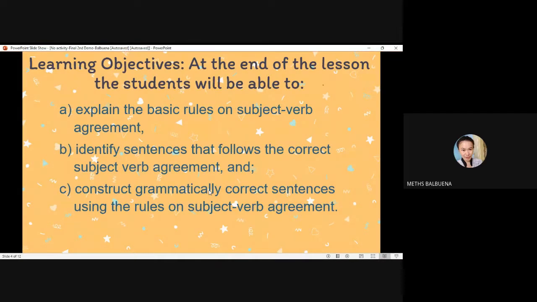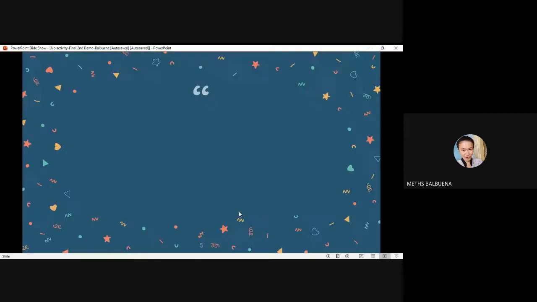But before that, here are our learning objectives. At the end of the lesson, you will be able to explain the basic rules on subject-verb agreement, identify sentences that follow the correct subject-verb agreement, and construct grammatically correct sentences using the rules on subject-verb agreement.